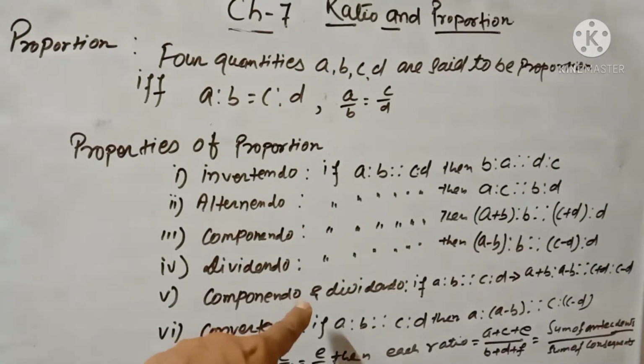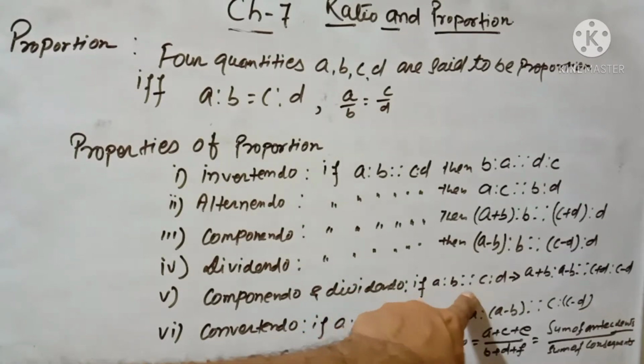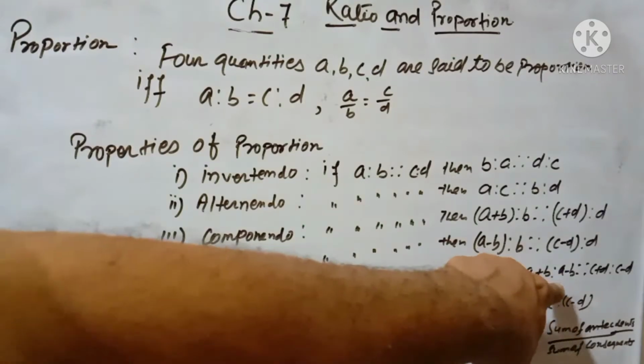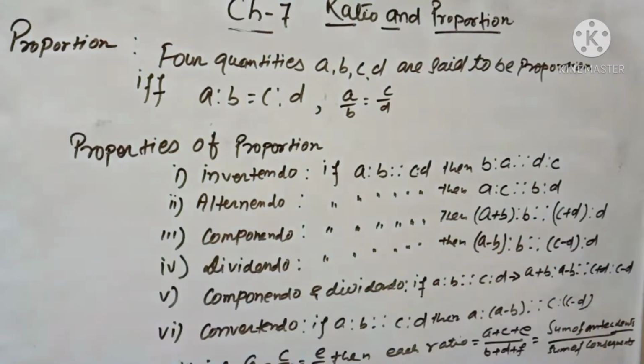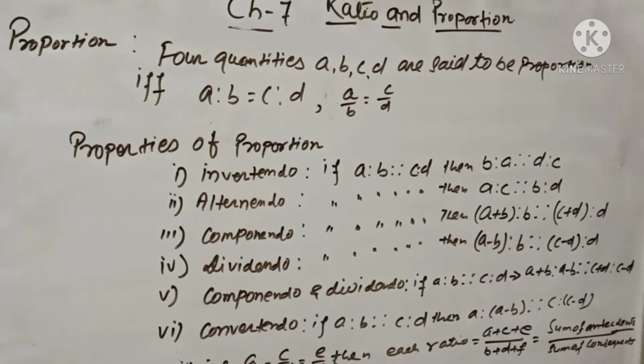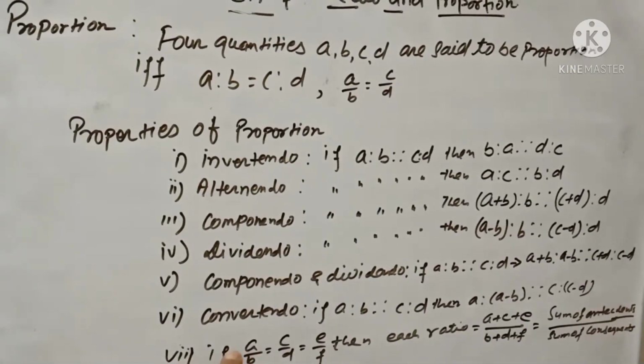Remember, componendo and dividendo: if a ratio b is proportional to c ratio d, then a plus b ratio a minus b is proportional to c plus d ratio c minus d. These are the terms you have to remember.